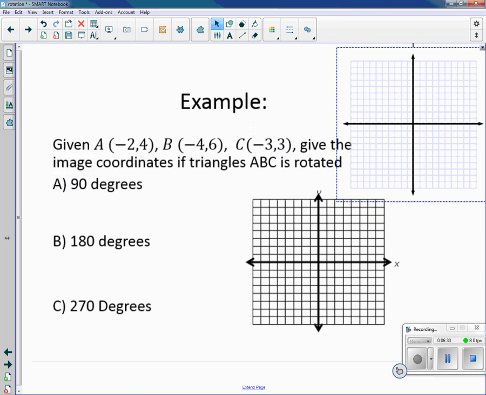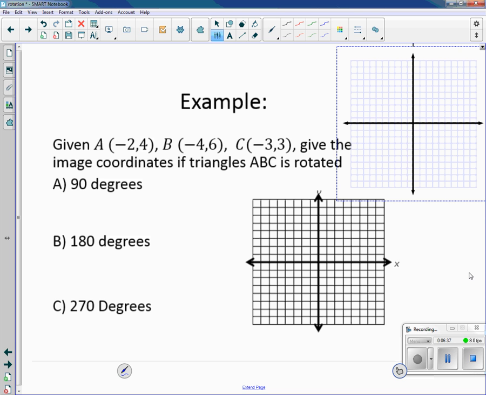So let me do it again. A, I'll put A in blue: negative 2, 1, 2, 3, 4. B is going to be at negative 4, 6. And C is going to be at negative 3, 3.